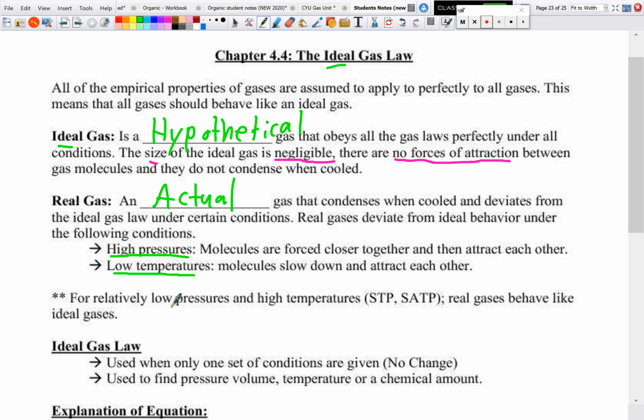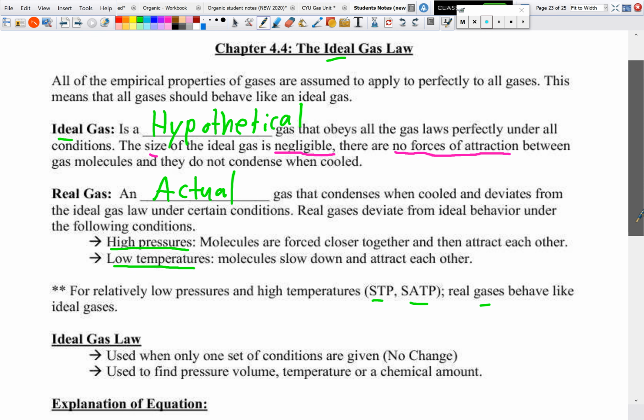So for relatively low pressures and high temperatures, though, like STP and SATP conditions, real gases do behave like ideal gases. So this is why we're going to be able to use the ideal gas law. Now, if you study chemistry more, like at a university level, you'll start learning how to do deviations away from the ideal gas law. But right now, we're just going to say all gases are going to obey it.